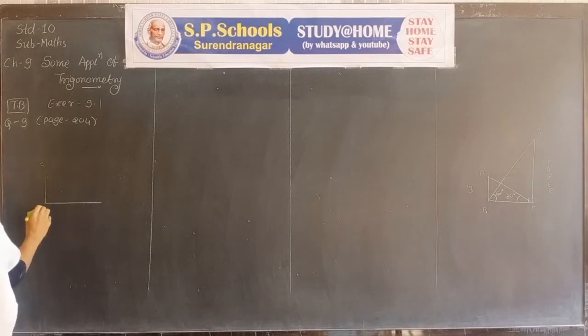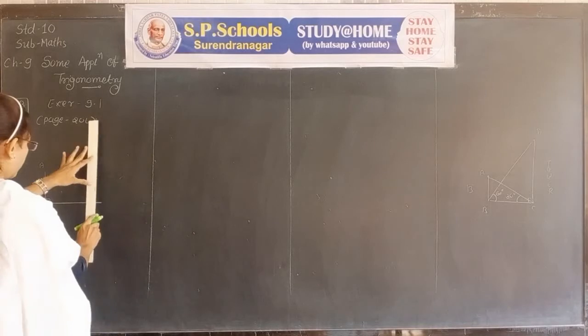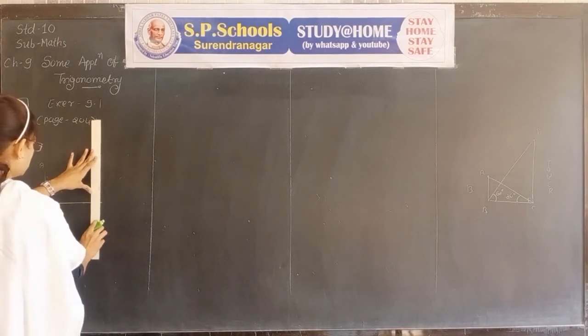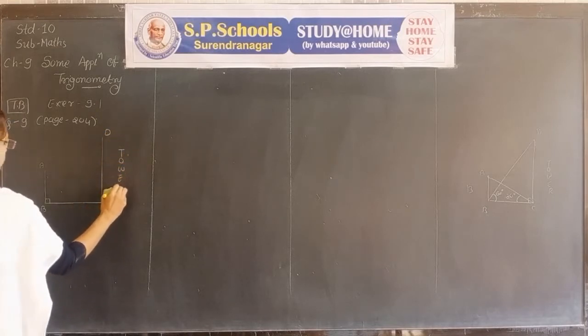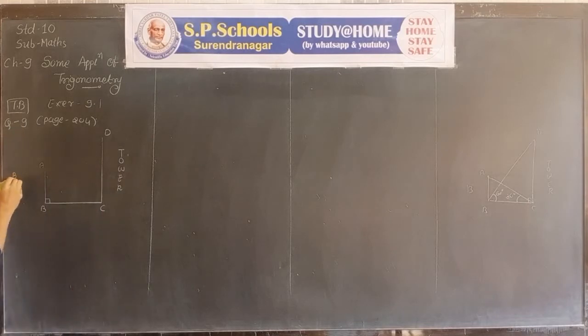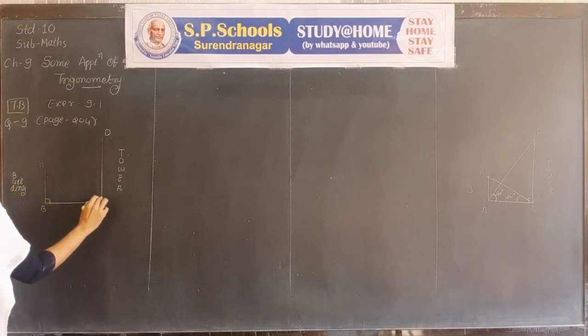AB is the building, vertical to the ground, and CD is the tower. Also the tower is vertical to the ground.